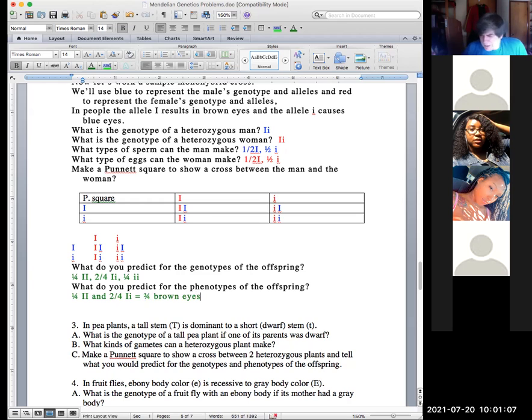So we're going to predict that 3/4 of them will have brown eyes. So we're going to group those 2 together. Now the last category that we have is 1/4 of them are little I, little I. And we don't have anything to add that to. That's the only one that fits into that category. So 1/4 of them will be blue eyes.